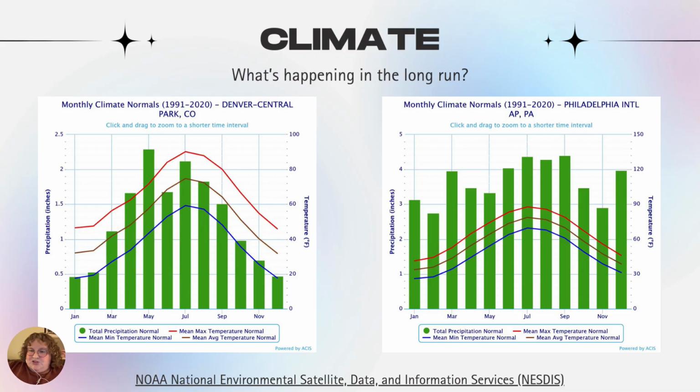Denver sees a much lower minimum temperature across the whole year, and you can see that. Especially in the summertime, our average minimum temperature in the summer is going to be 59, whereas in Philadelphia, it's going to be closer to 65-ish. So it's pretty different.